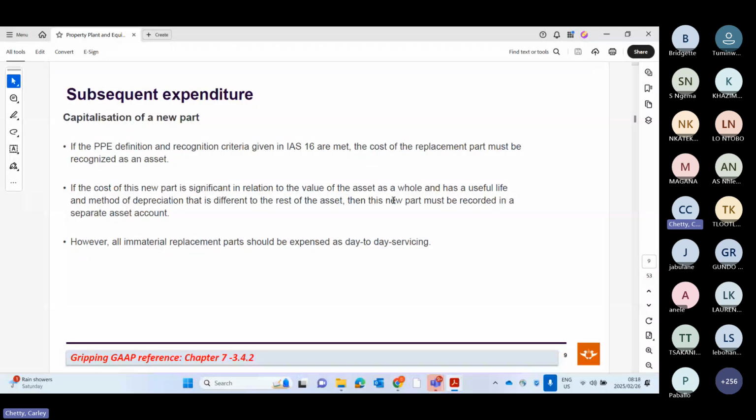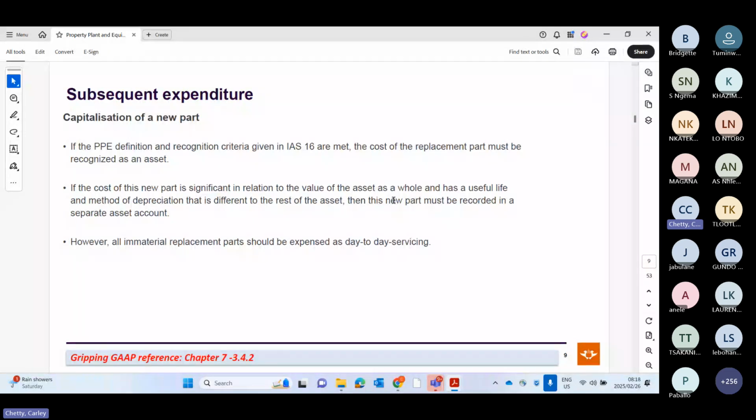If the cost of this new part is significant in relation to the value of the asset as a whole, and has a useful life and method of depreciation that is slightly different to the rest of the asset, then this new part must be recorded in a separate asset account.